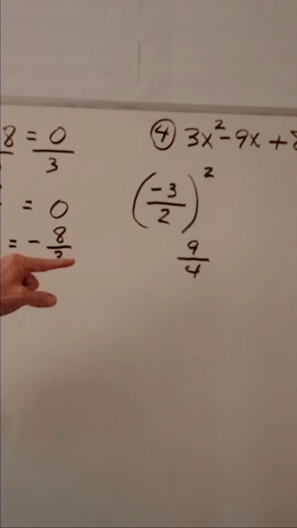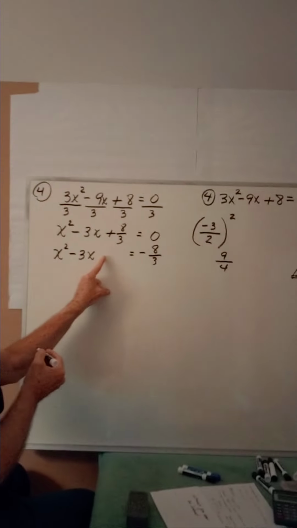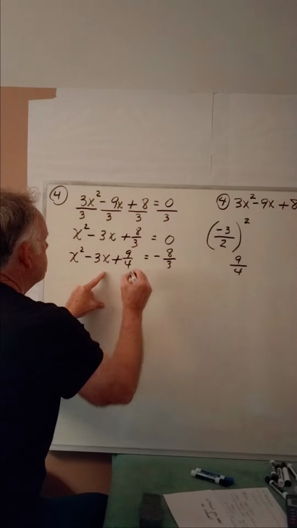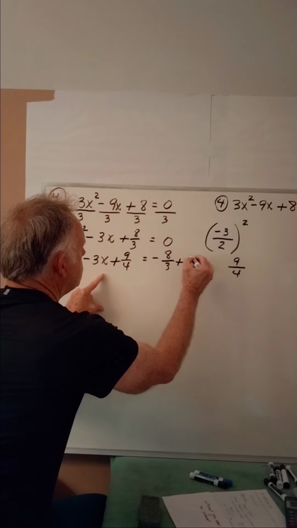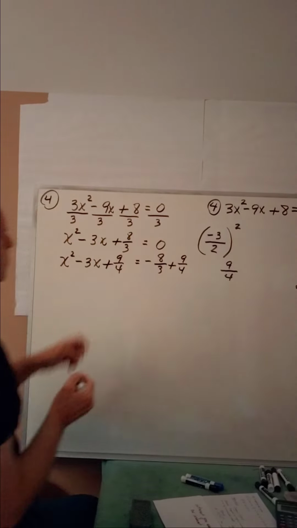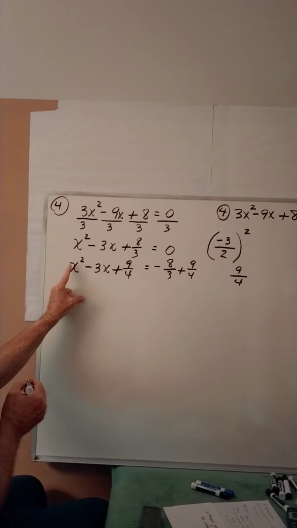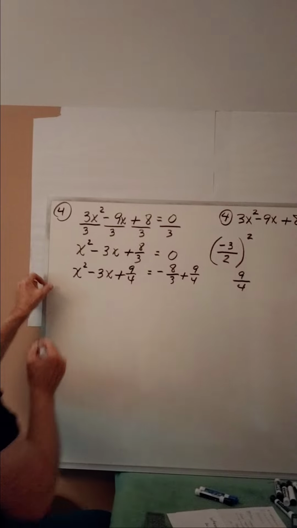So we're going to take that 9 over 4, and we're going to not only add it to the left, but we're going to add it to the right. On the left, he is a perfect square trinomial.